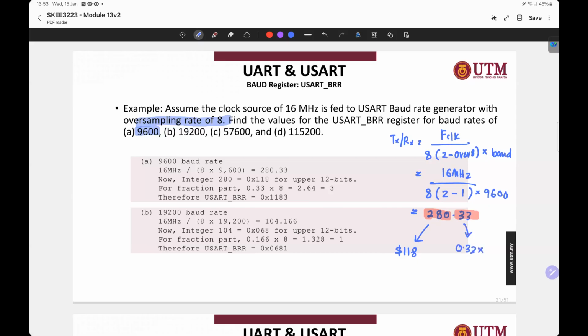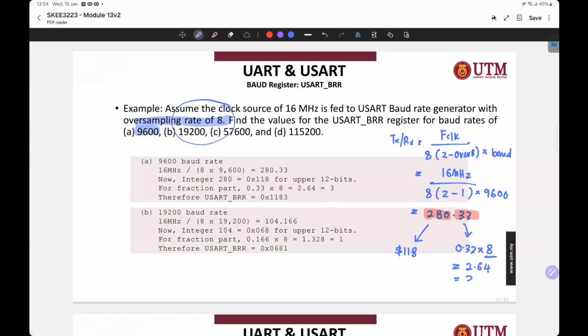Meanwhile, 33, now 0.33 multiply with 8. You need to multiply with 8, no longer multiply with 16. Why is that? Because we do use the oversample of 8. That's why we need to multiply with 8. And then you will get 2.64 and round it to the nearest value.